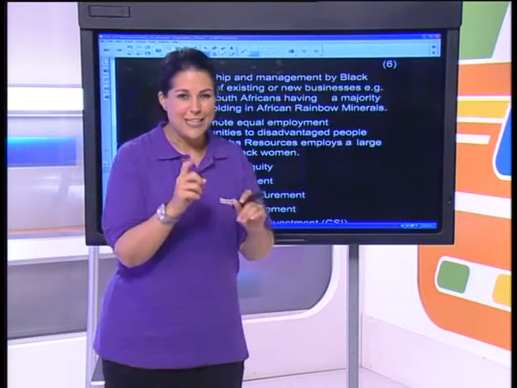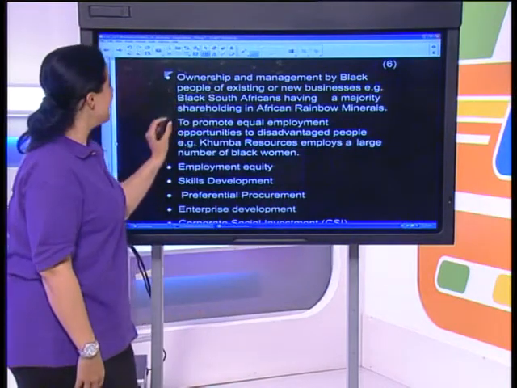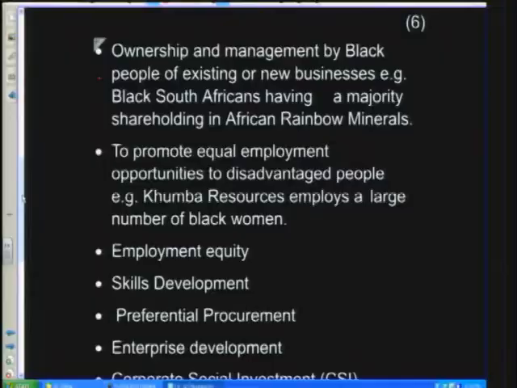All right, let's have a look here. So once again, I said to you, and remember, you can use your own answers here. This is purely what I suggest for this answer. It says ownership and management by black people of existing or new businesses. Example, black South Africans having a majority shareholding in South African rainbow minerals.